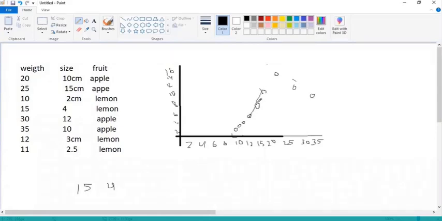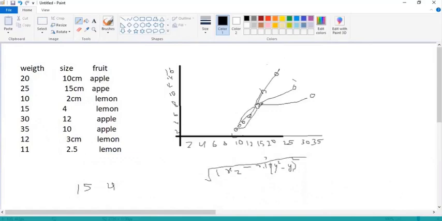You know the calculation of the Euclidean distance, right? x2 minus x1 whole square plus y2 minus y1 whole square, under root. You know the formula.